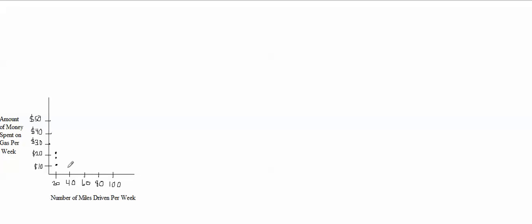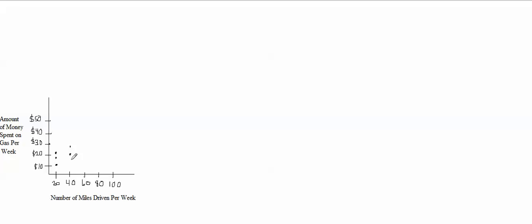What if 3 people tell us that they're driving 40 miles per week? Well, those 3 people won't necessarily all be spending the same amount of money on gas, because those 3 people might be driving different cars that get different miles per gallon. So they're not all going to necessarily be at the same place over here, but they're all going to probably fall into a similar range.